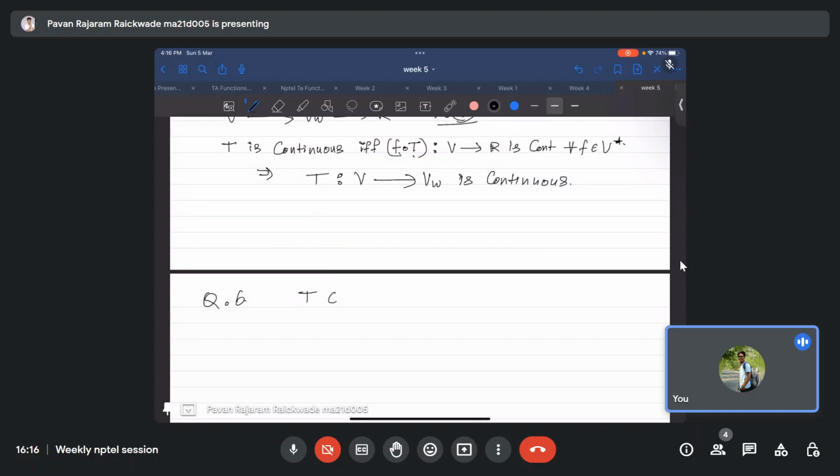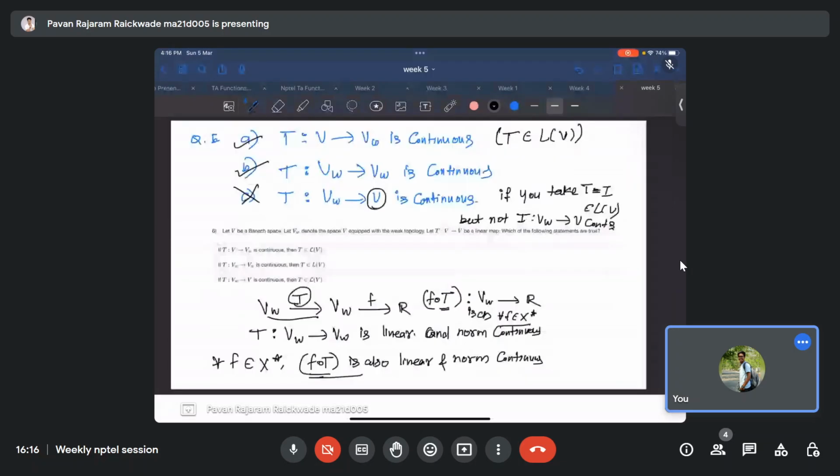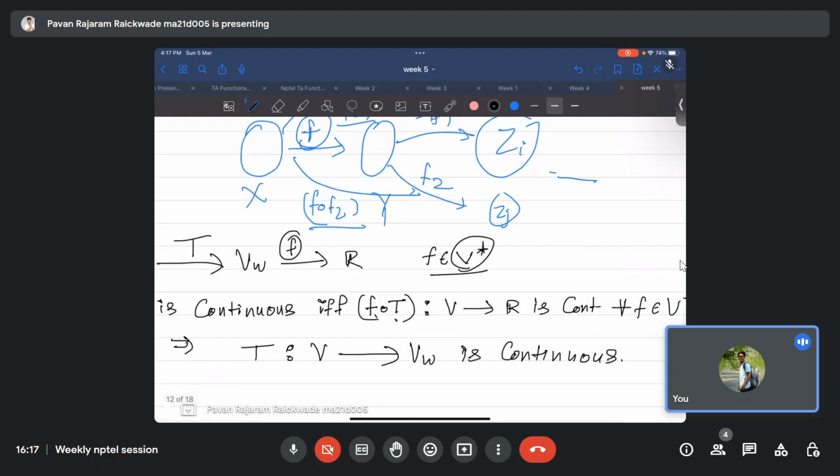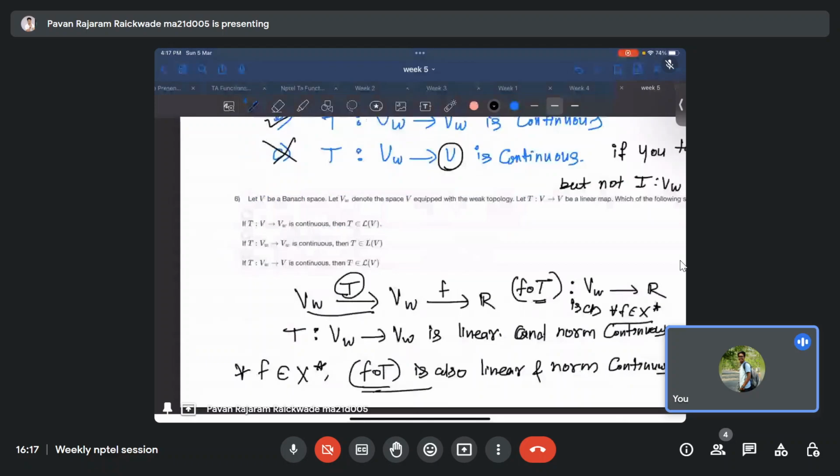Which says T is just a linear map, V a Banach space. First option says T from V to W continuous, then T is linear continuous.